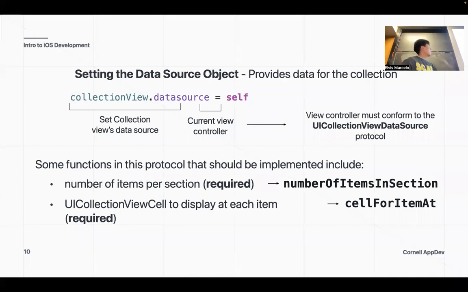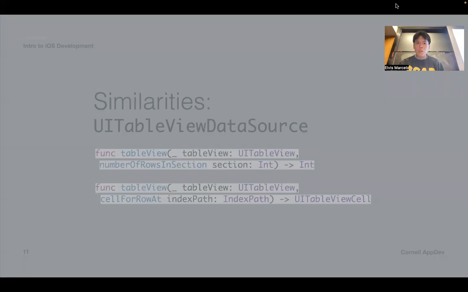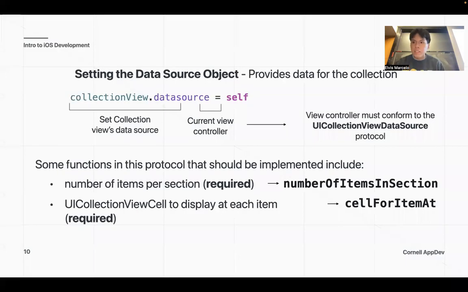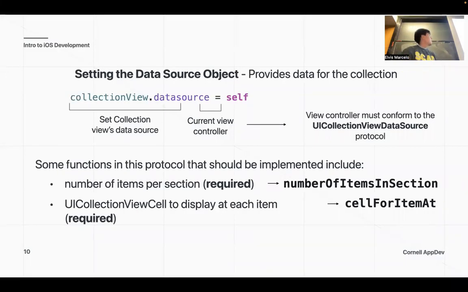But to go a bit more into what that data source actually is. Like I said, we're setting the data source to be the current view controller that we're in. And these are some of the functions that we're going to be implementing if we set the view controller to be the source of the data for our collection view. So we have the number of items per section.